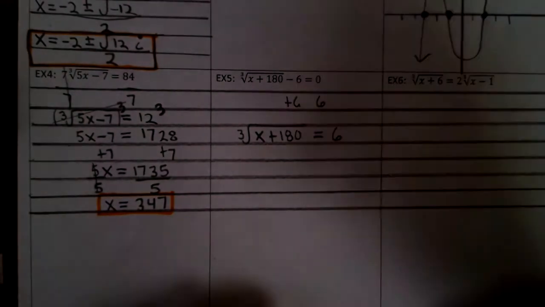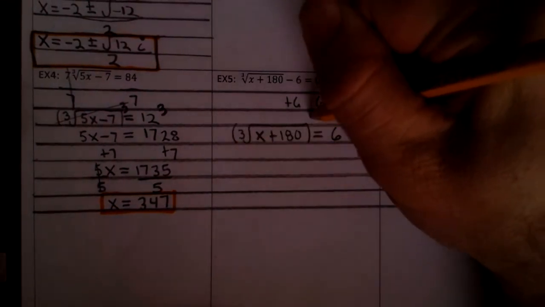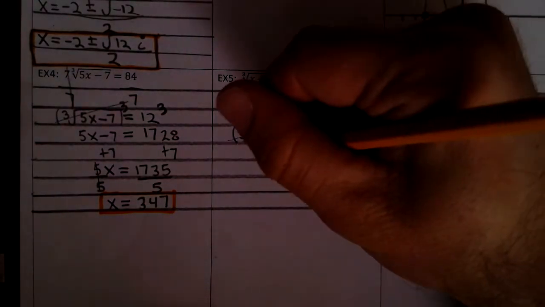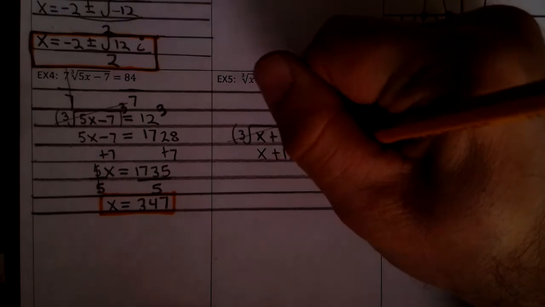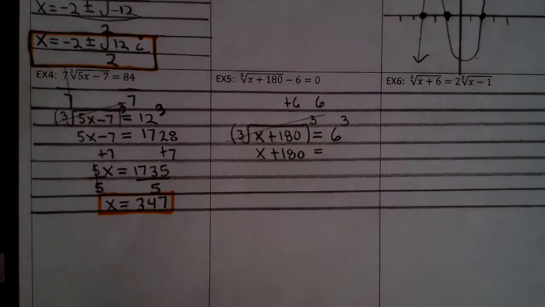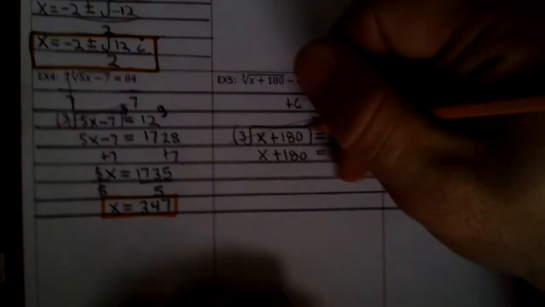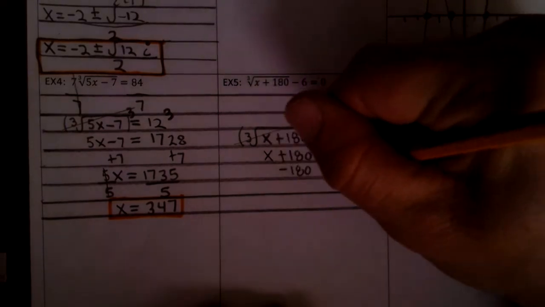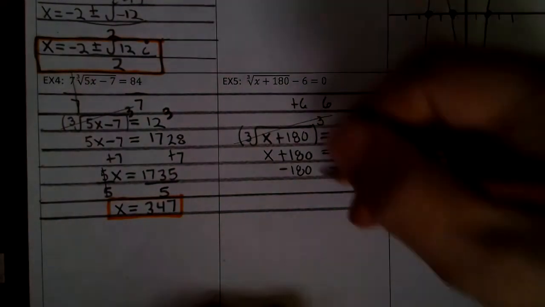You get x plus 180 equals 6 cubed is 216. Subtract 180. So x equals 36.